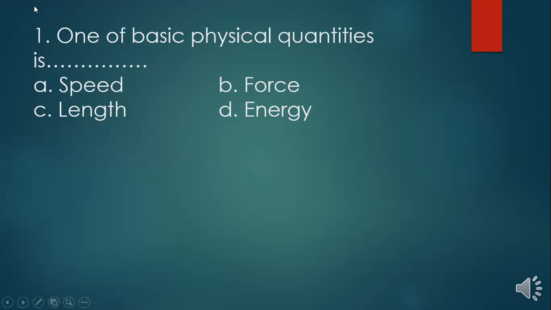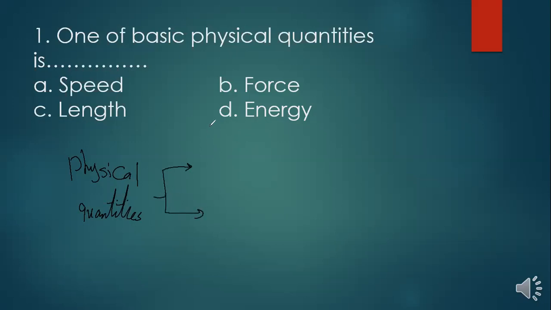Question number one says that one of the basic physical quantities is, right? Now, we need to understand the following, right? Physical quantities in physics are classified into basically two categories, right?